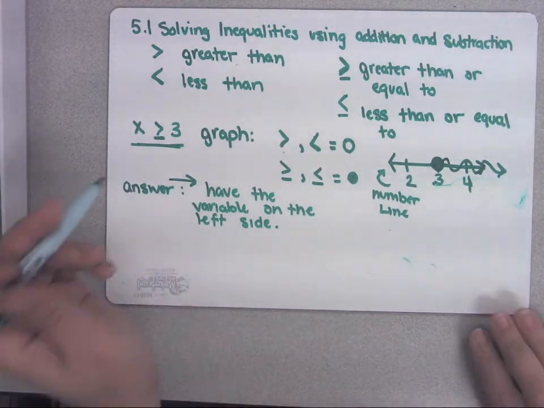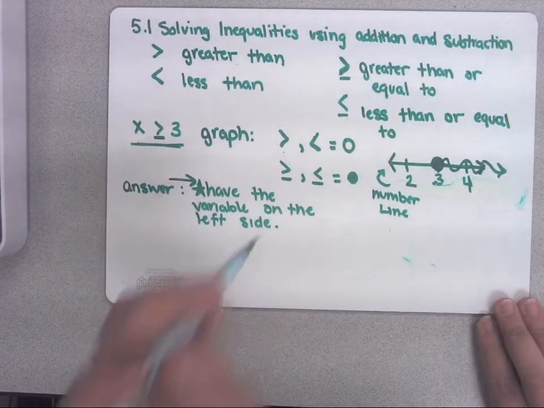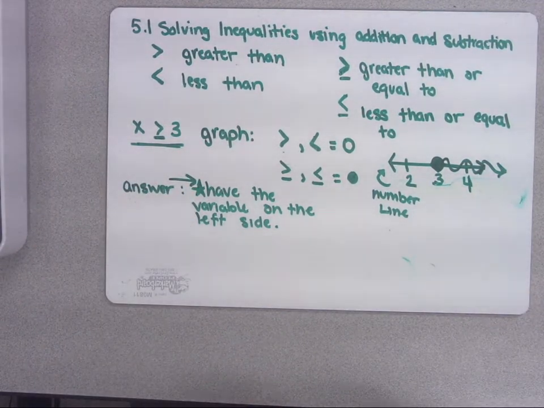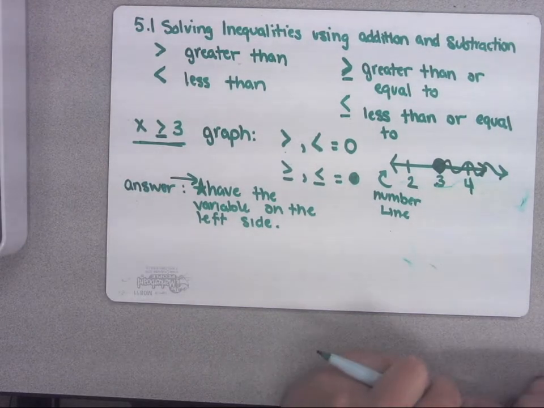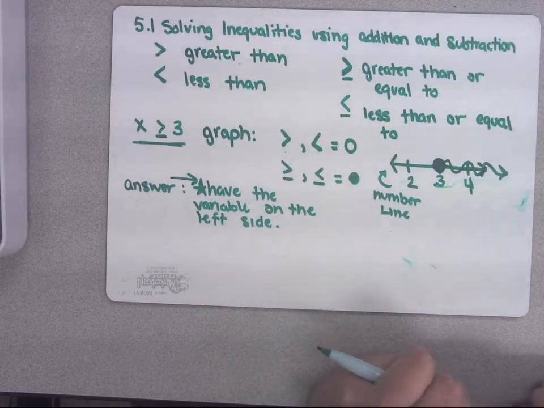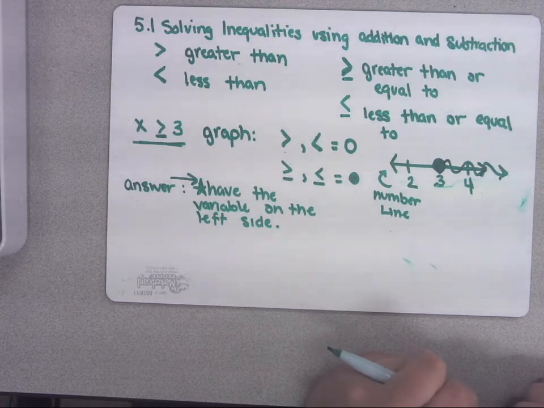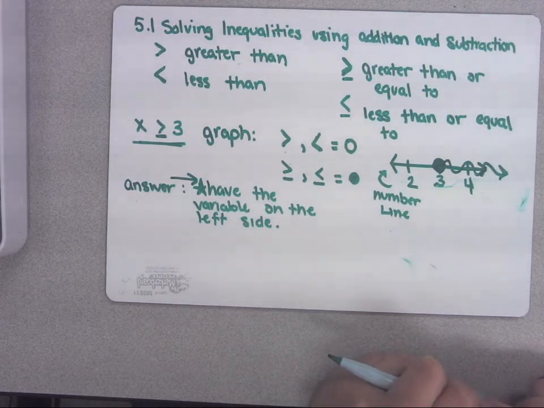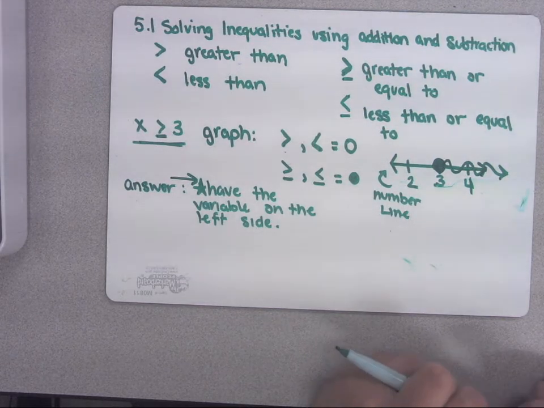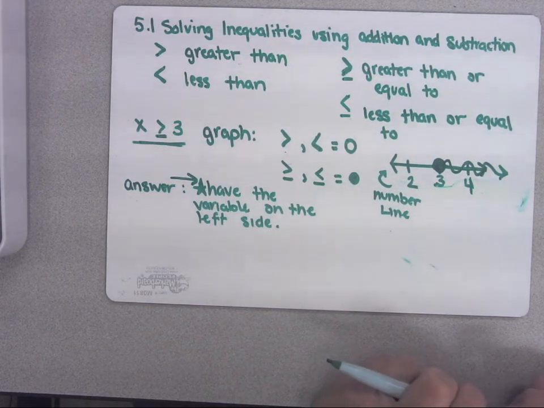So the most important thing is we have to have the variable on the left side. See how this X is on the left? We have to have it there. Because if not, we cannot use the inequality to graph our lines. Then we would just mess up all the time. And we don't want to do that.